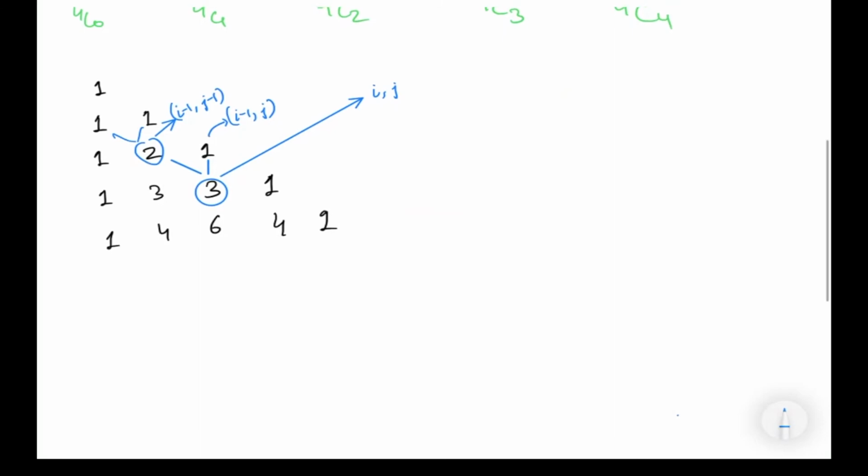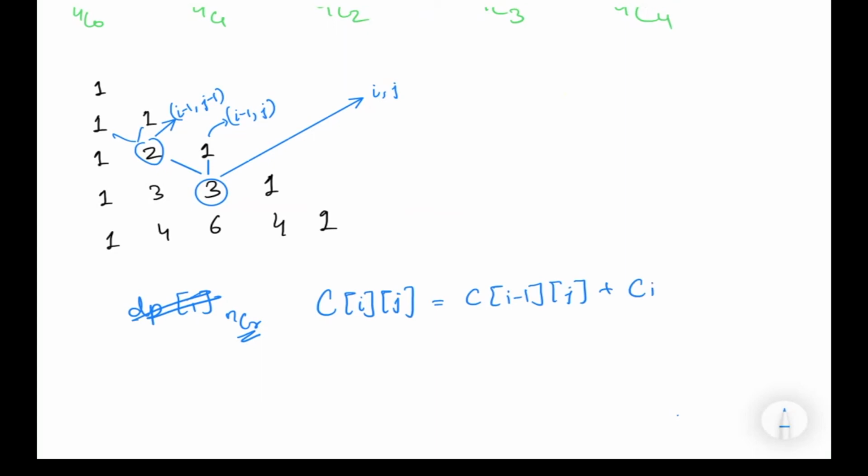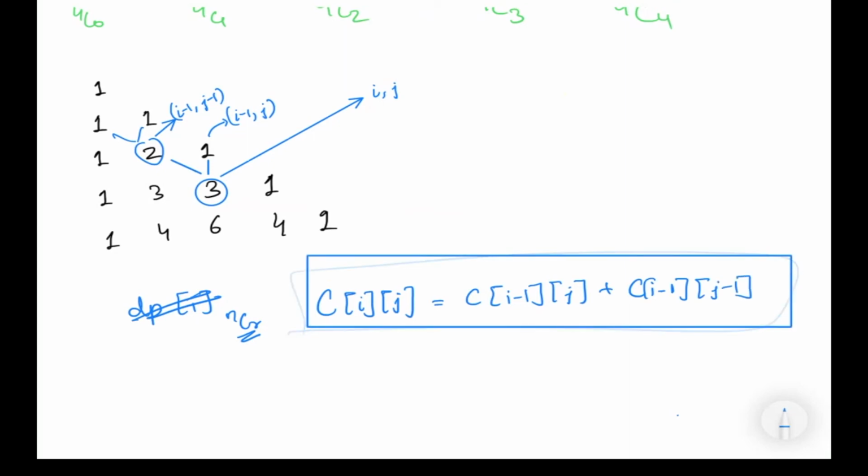So now we have reached the stage where we can easily form the formula for a DP array. Let's not call it the DP array this time, since we know this is NCR. Let's call the table, that 2D array that we are going to form, C. So C[i][j] is nothing but the sum of the element at C[i-1][j] and C[i-1][j-1]. And this is right over here our solution to the dynamic programming approach.